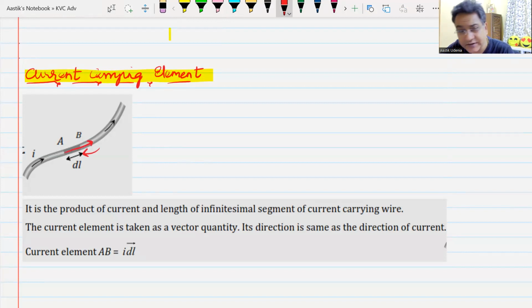This current carrying element is taken as a vector quantity, and its value is I into dl. The direction of this current carrying element is the same as the direction of current. Do you understand this? Yes, sir. Note it down.